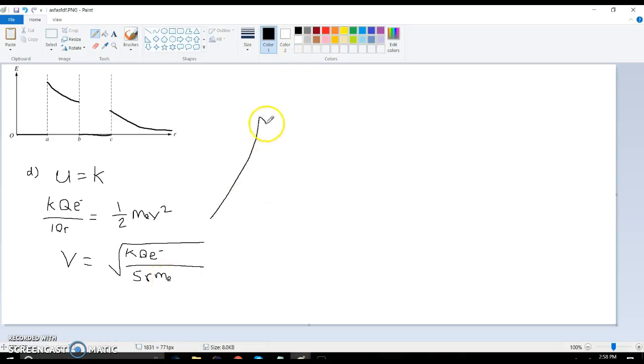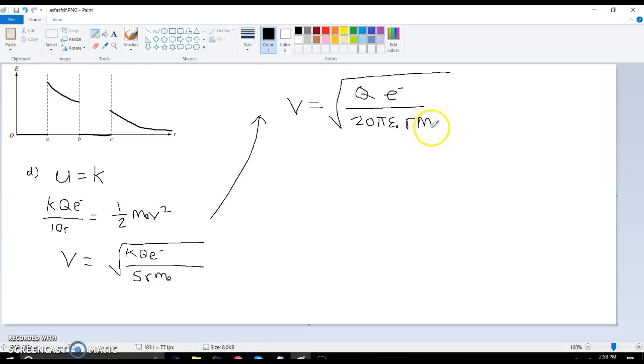And we can write this as the square root of, we can write k as 1 over 4 pi epsilon naught. So that becomes 20 pi epsilon naught r times the mass of the electron.